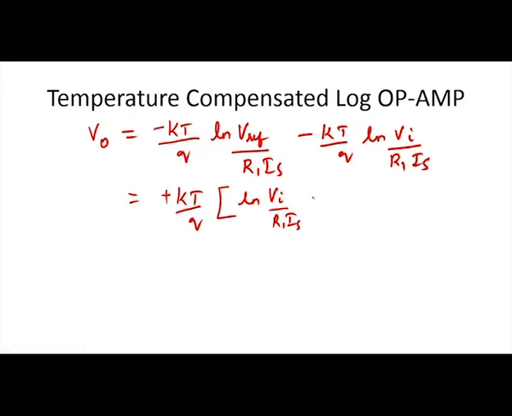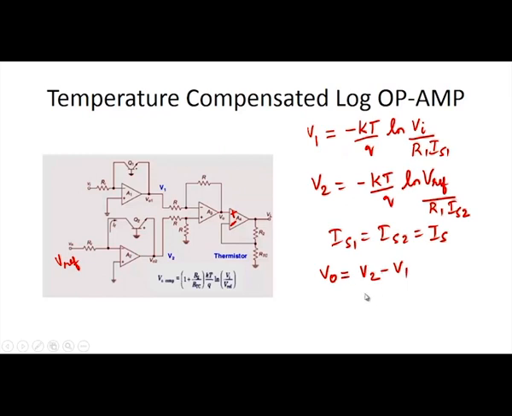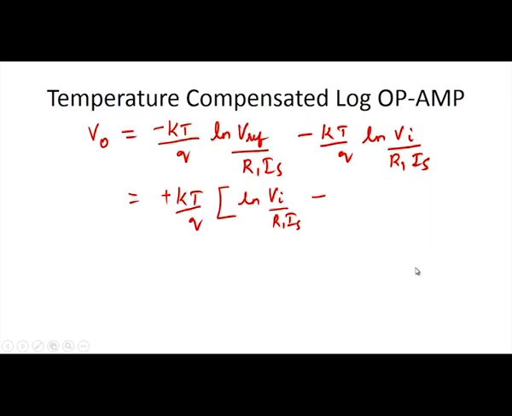If you take kT by q out, then you will be getting a minus here. It is actually V2 minus V1, so it is minus of minus V1, and you will have a plus sign here. So, if plus kT by q is out, then we have natural logarithm of Vi by R1 IS minus natural logarithm of V reference by R1 IS.